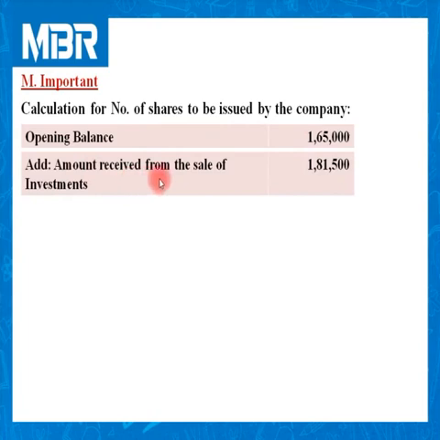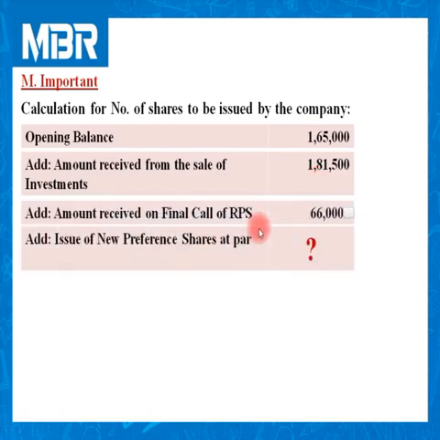Add amount received from the sale of investment. You can check the first transaction that we have completed in our calculation related to sale of investment, 1,81,500, plus amount received on final call of RPS type 2, step number 1 of the process of RPS redemption, 66,000.